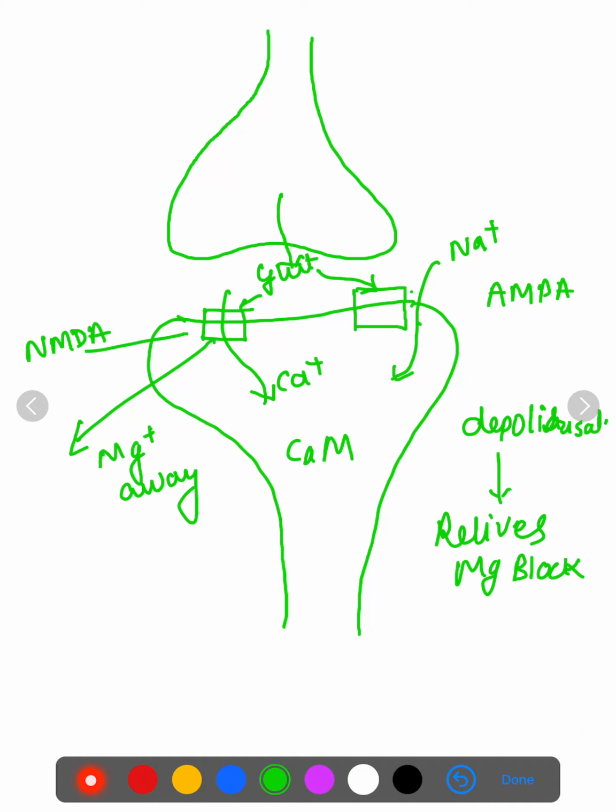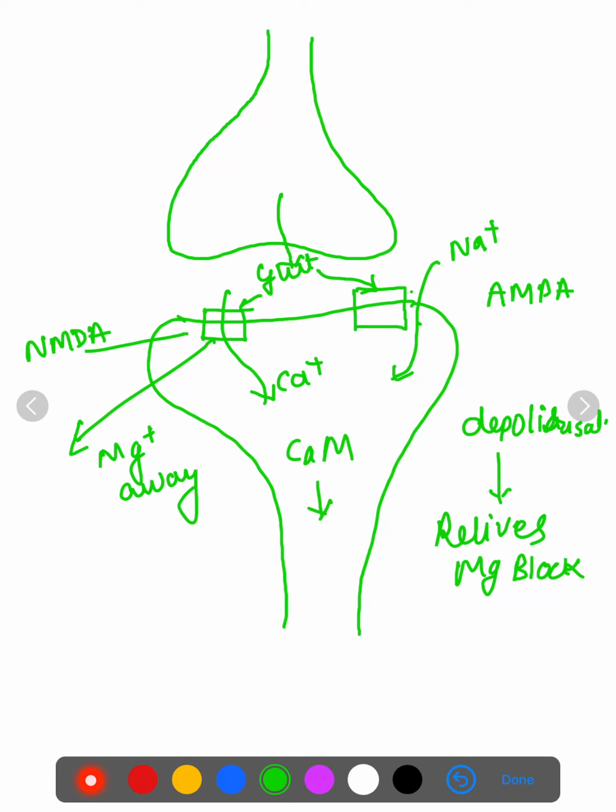As a result, ultimately more and more response will occur. That is known as long term potentiation.